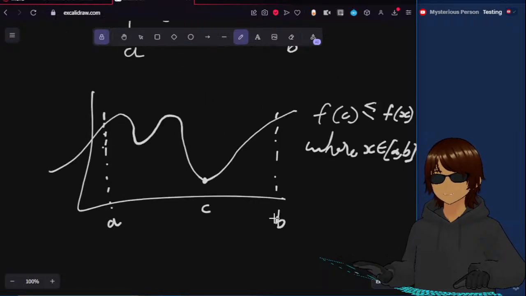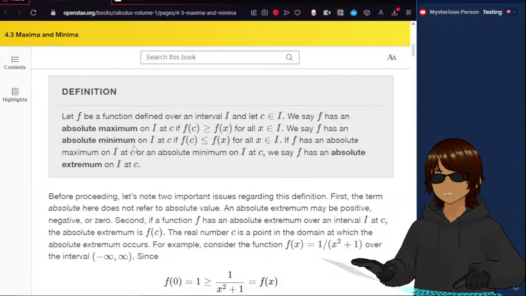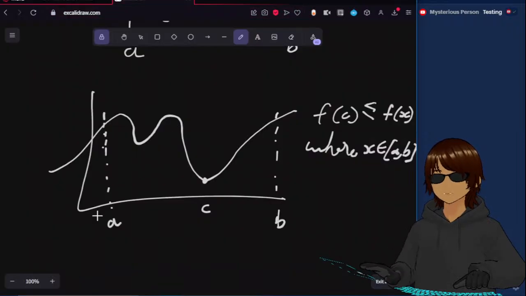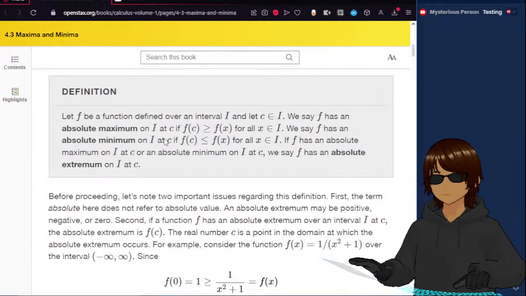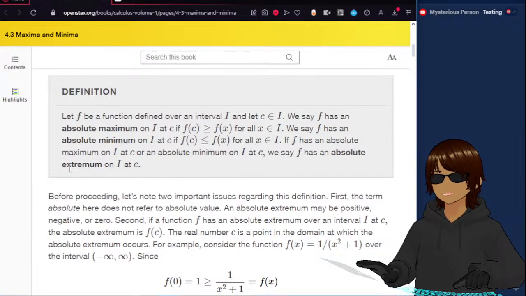Also, if b was not here, if b was over here, then this would be the absolute minimum. We say f has an absolute minimum on I, so let I be this interval, at c if f of c is smaller than or equal to f of x for all x in I. These values are absolute extrema.